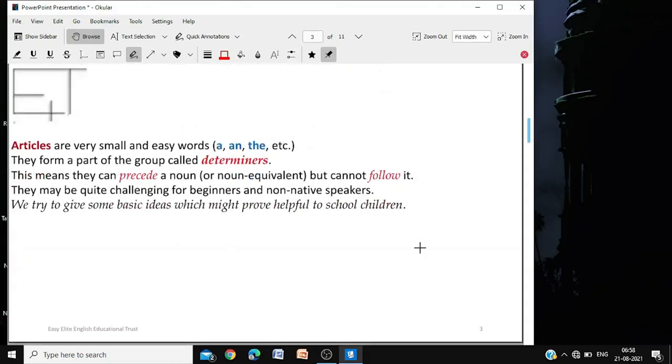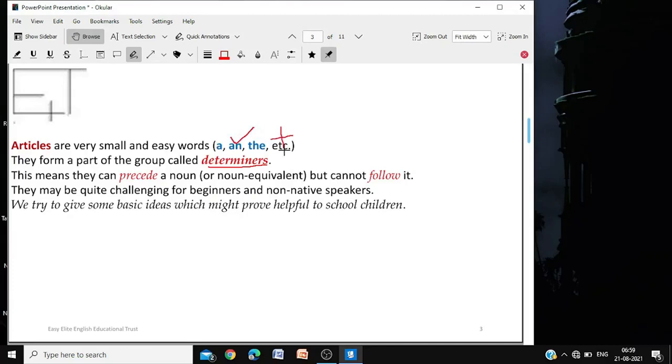Articles are very small and easy words because we have a and the. Small and easy words. They form a part of the group called determiners. Determiners include articles and some other words like some, any, little.